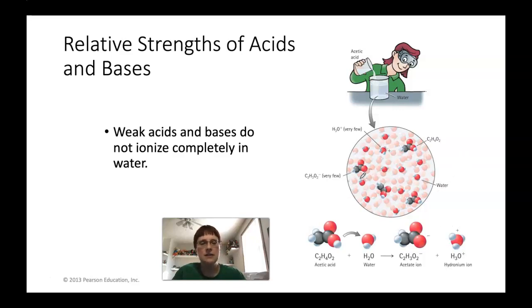But the difference is, if you look, this is the only acetate ion that's in here. All of these other guys still have their hydrogens attached. This is what we mean by not completely ionizing. So only 1 out of the 4 of these acetic acid molecules actually ionized, actually gave up their hydrogen. That's what makes the difference between a strong and a weak acid, if you hear that.